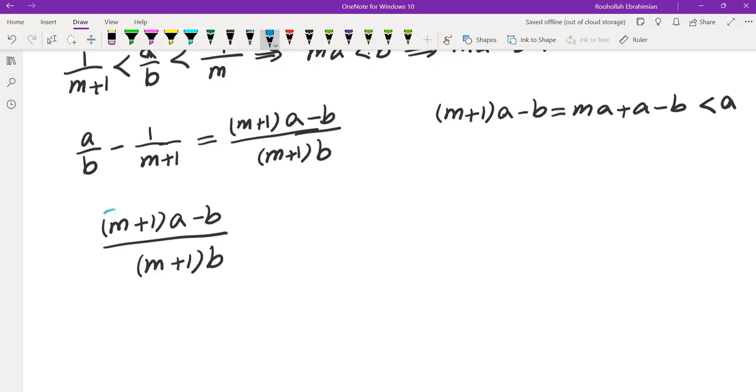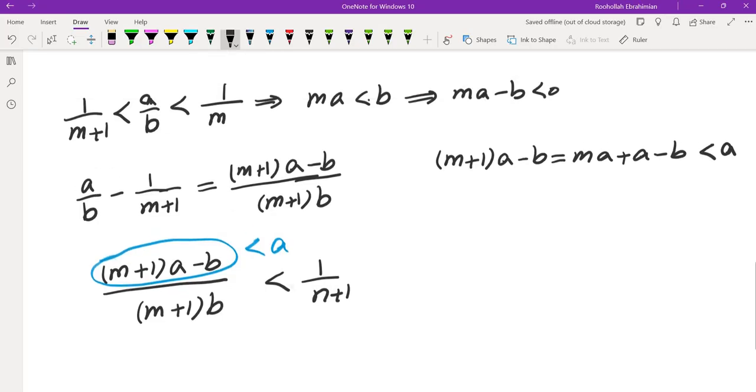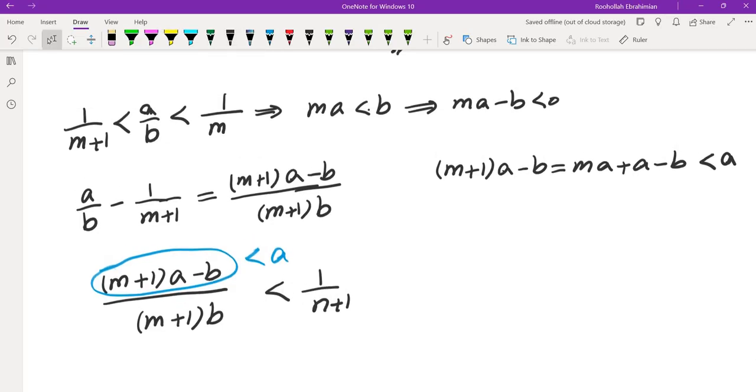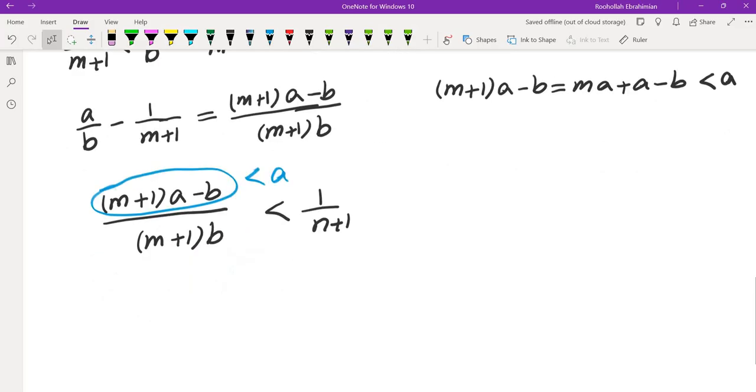This numerator is less than the previous numerator, and this fraction itself is definitely less than 1 over n plus 1 as well, because we subtracted 1 over n plus 1 from a over b.